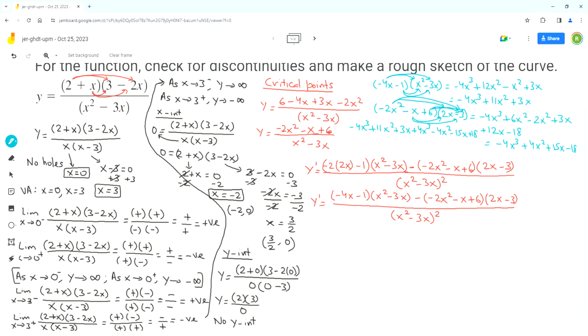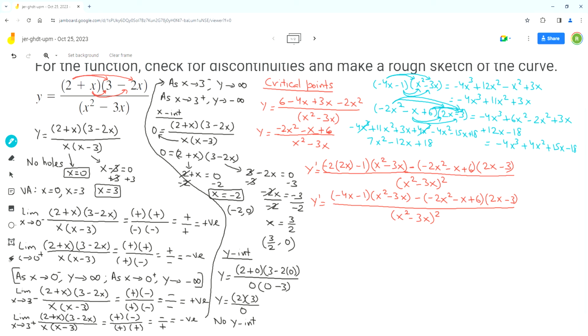And now the x³ terms get cancelled out. So now we can combine the like terms. 11x² minus 4x² is 7x². And then 3x minus 15x is negative 12x. And then plus 18.